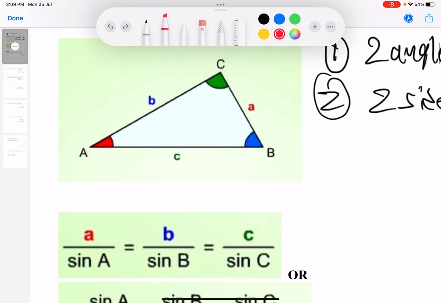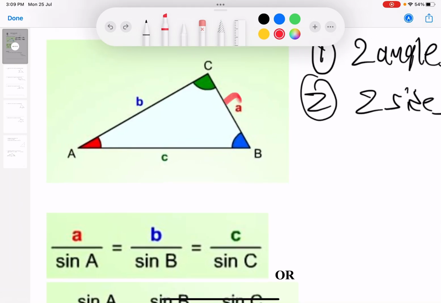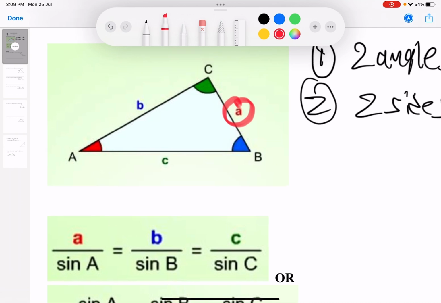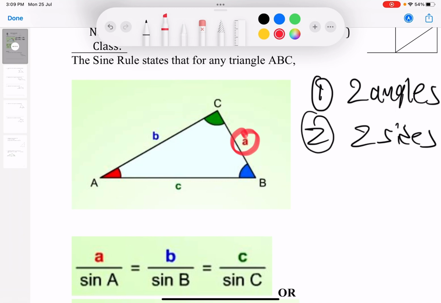I can take the length A, and if I divide it by the sine of the opposite angle, it would be equal to length B divided by the sine of the opposite angle. Really, this sine rule is just a series of ratios that are equal to one another.